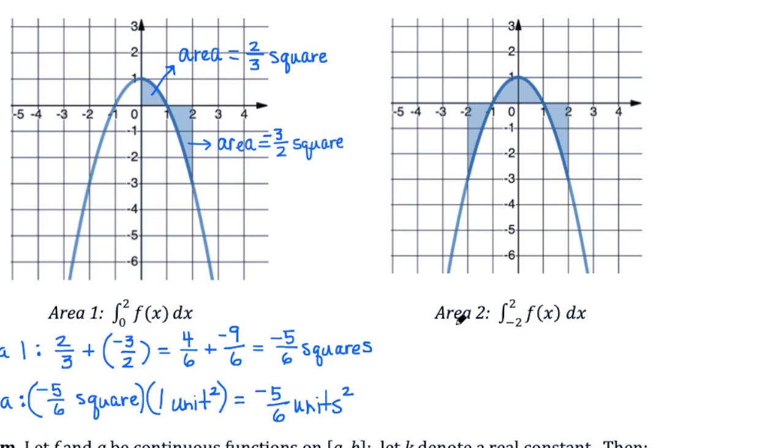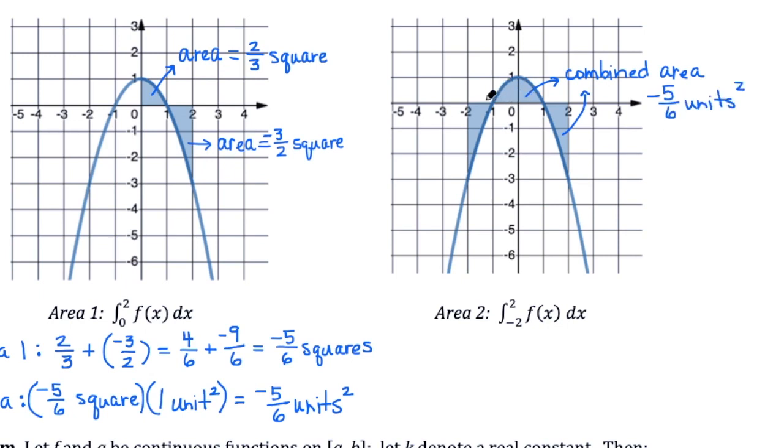Now for the next graph, we want to evaluate the integral from -2 to +2 of f of x dx. So you can see we've gone from -2, shaded the area between the curve and the x-axis, curve, x-axis, curve, x-axis, and curve, x-axis. We can take advantage of the symmetry of this curve. We know that the combined area of these two sections turns out to be -5/6 square units.